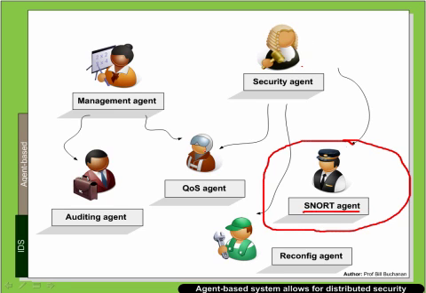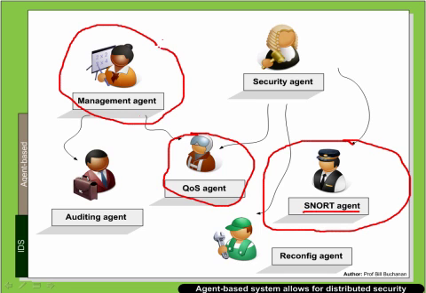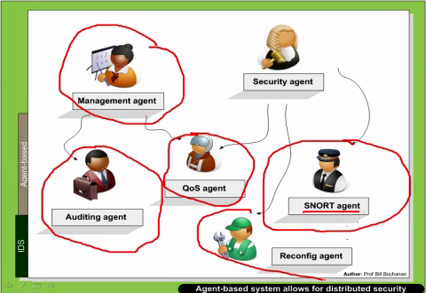We might also have a quality of service agent, which is monitoring for things like bandwidth, latency, and so on. And this itself is configured by some sort of management agent. And then there is an auditing agent, which is monitoring what is actually happening on a system. We might also have a reconfiguration agent, which will reconfigure any devices in the face of a threat.